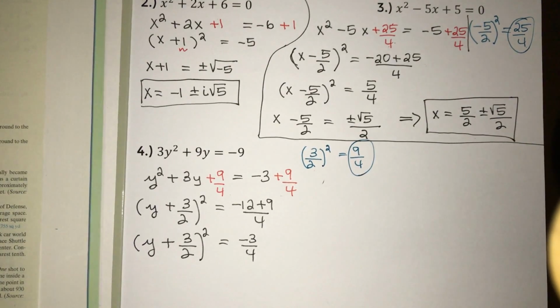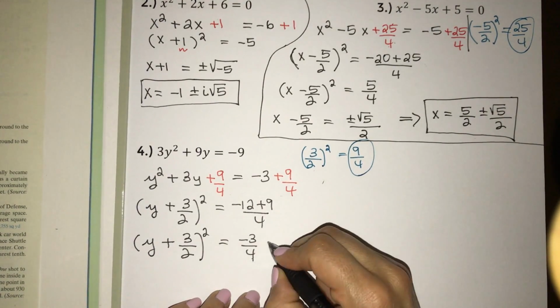And at this point, we are going to use the square root property. So we just square root both sides. Since this is -3, we're going to end up with an I on the outside of the square root. And square root of 4 is 2, so I could directly write that.